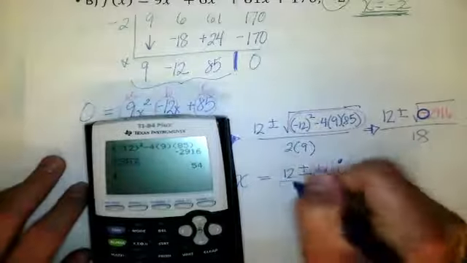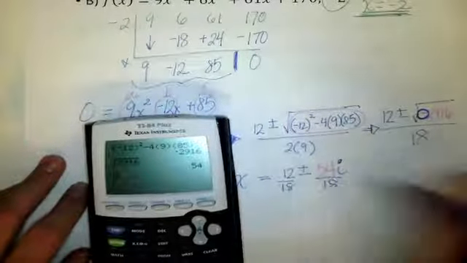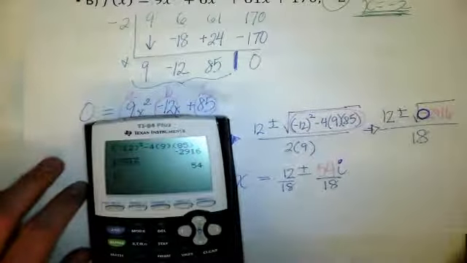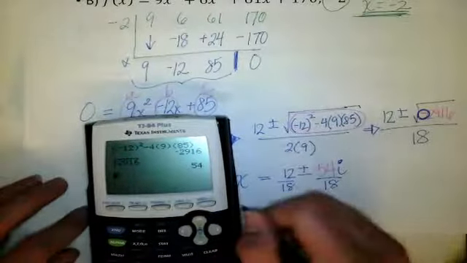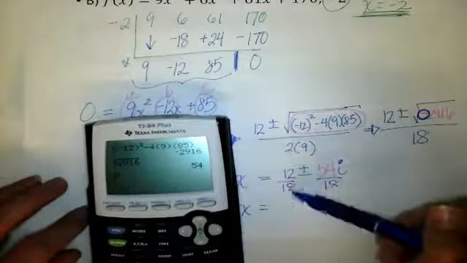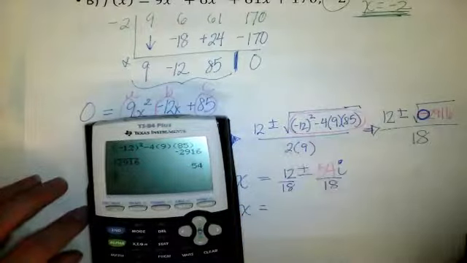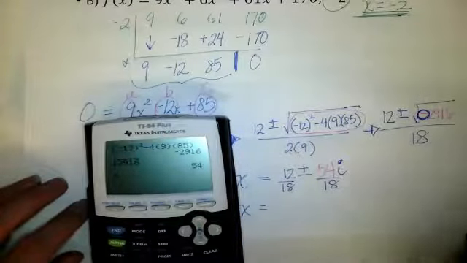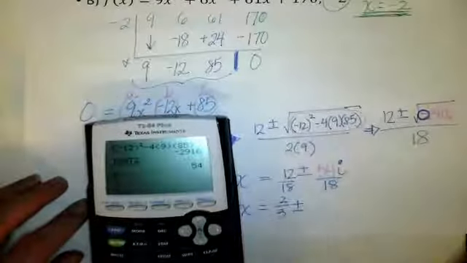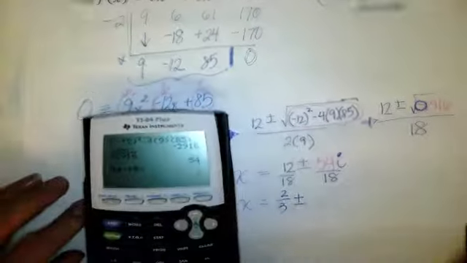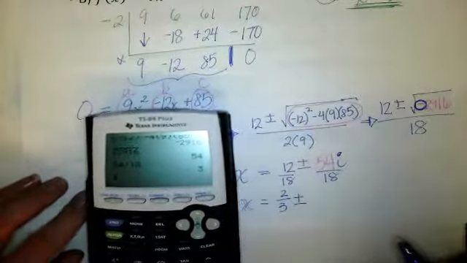And then I'm going to divide each of those by my denominator of 18, and that's just going to ensure that I reduced correctly. So we get x equals, what is 12 over 18? 2/3. You can divide by 6. So 2 over 3 and plus or minus. And I'm going to try 54 divided by 18, and it divides evenly. So that's nice.